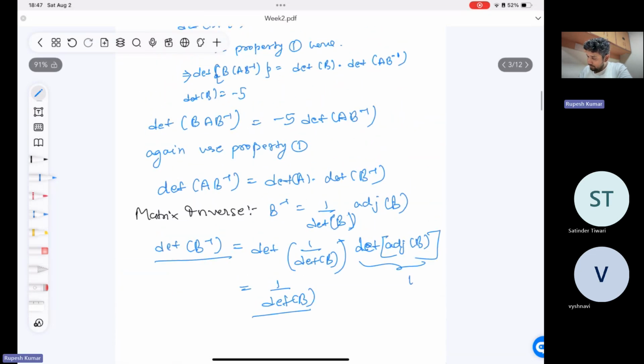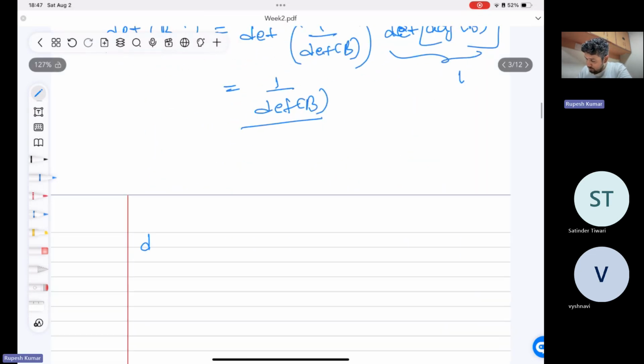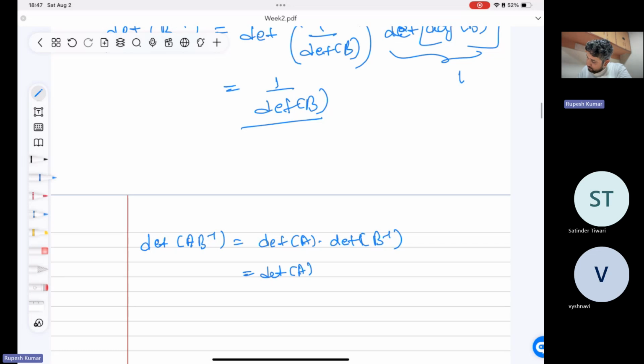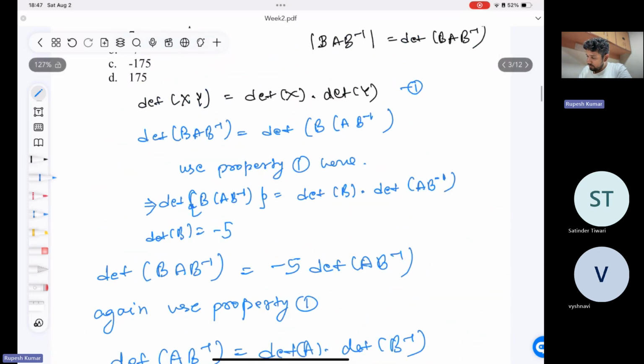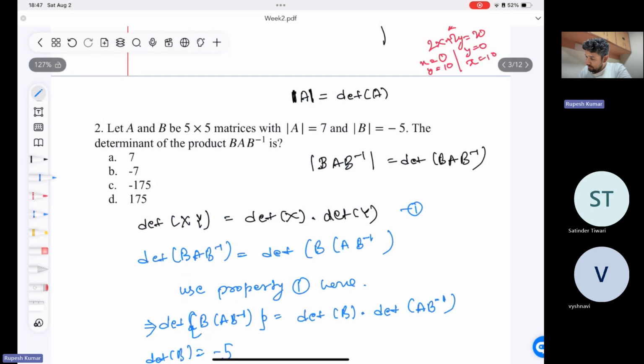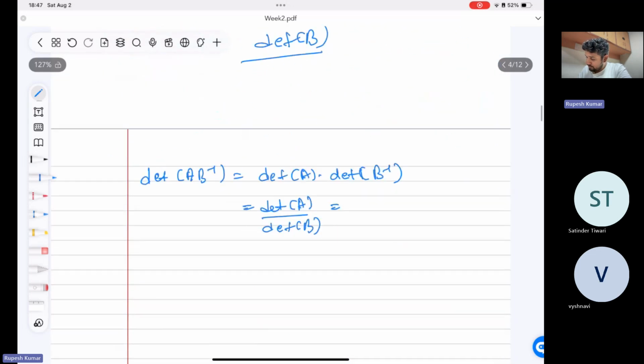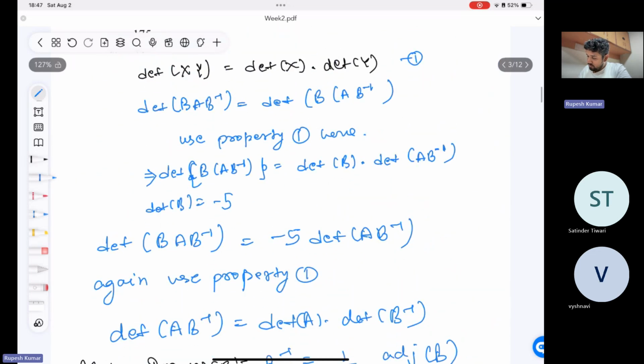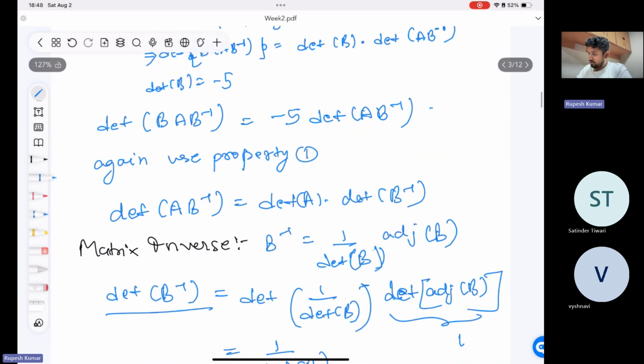So now if you have this property, you can always say determinant of AB inverse is equal to determinant of A into determinant of B inverse, which is equal to determinant of A divided by determinant of B, right? Now let's write in the values here. Determinant of A is 7 and B is -5, so it equals 7 by -5. Now I can replace this value in equation number 2.